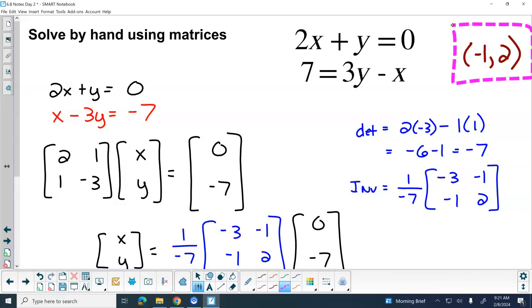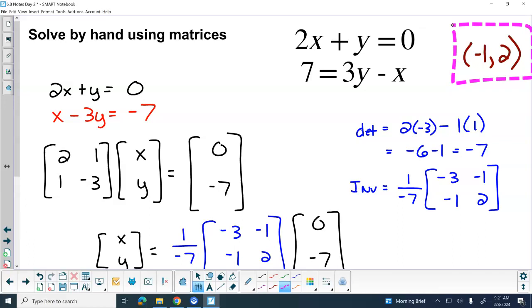Questions, comments, concerns, clarifications? Now, the one thing that we didn't talk about with solving with matrices is the special cases of infinite solutions, no solutions. In those cases, the value of your determinant is going to be 0.